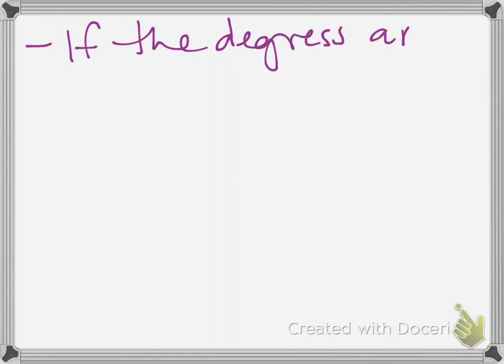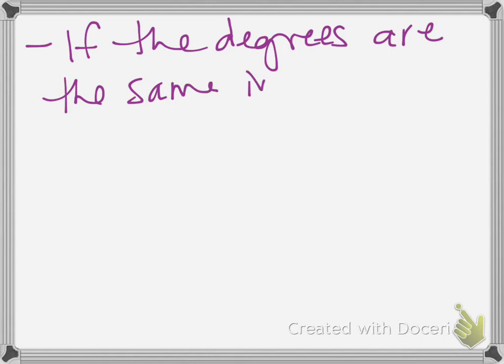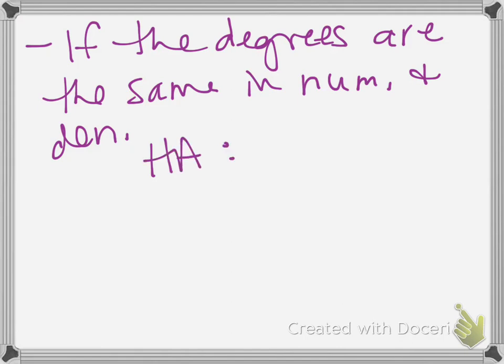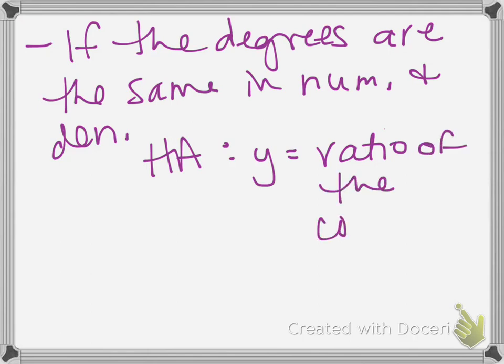And then the final one, if the degrees, oh wow, I just spelled degrees wrong. That was embarrassing. If the degrees are the same in the numerator and denominator, the horizontal asymptote will be y equals the ratio of the coefficients.